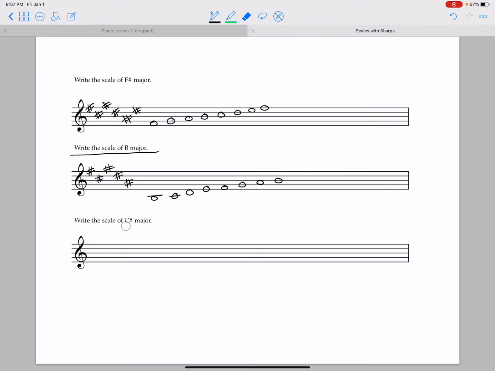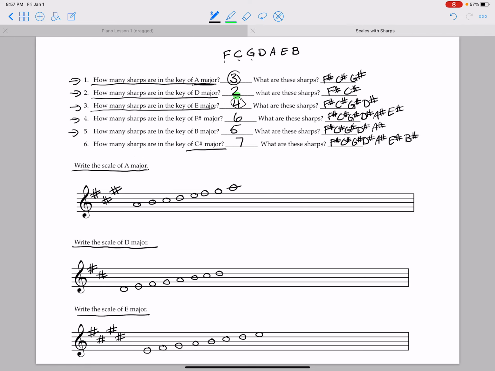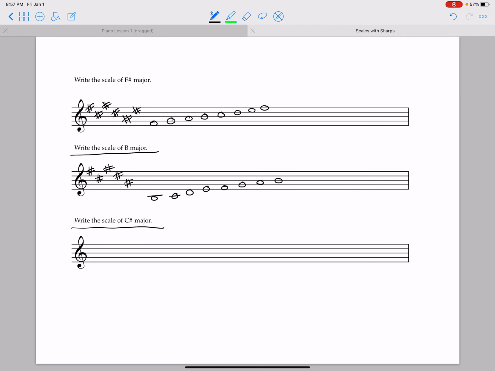Okay, last scale here, C sharp major. If we look back, this is the same as question 6, 7 sharps. So let's write them in. Father Charles goes down and ends battle.